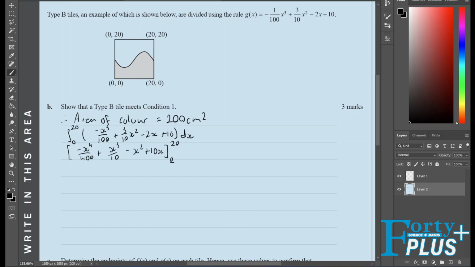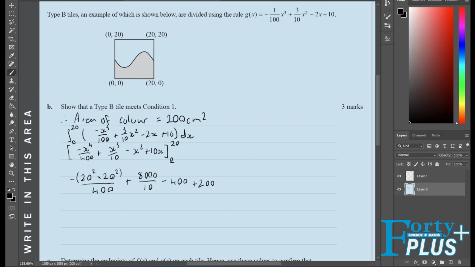So what we're going to do with the x to the 4 is break it into 20 squared times 20 squared over 400 plus x cubed, which is 8,000 over 10, minus x squared, which is 400, plus 10x, 10 times 20, which is 200.